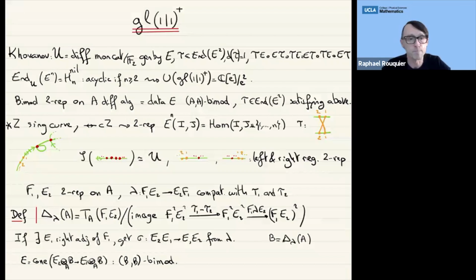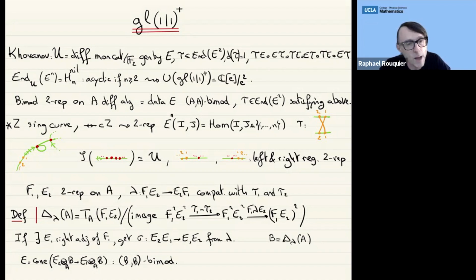And as before, if we have an adjoint to lambda, we can use the adjunction to get a map between E's, which we call sigma. So now you have E1 and E2, and if you extend E2 to have an action of A, same with E2, you can extend scalars to B, so to make them into right B modules.